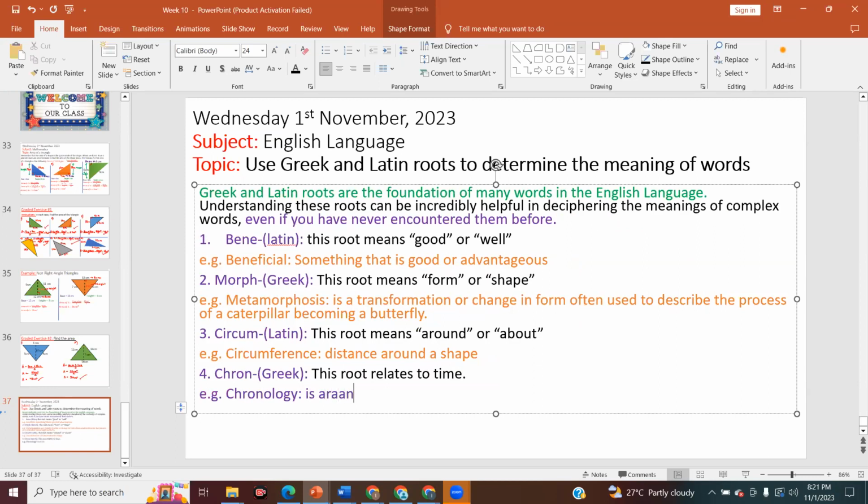Basically, if you're given a chronology of something, you give an arrangement of events in the order in which they occurred. Okay, that's what we mean. Chronology.